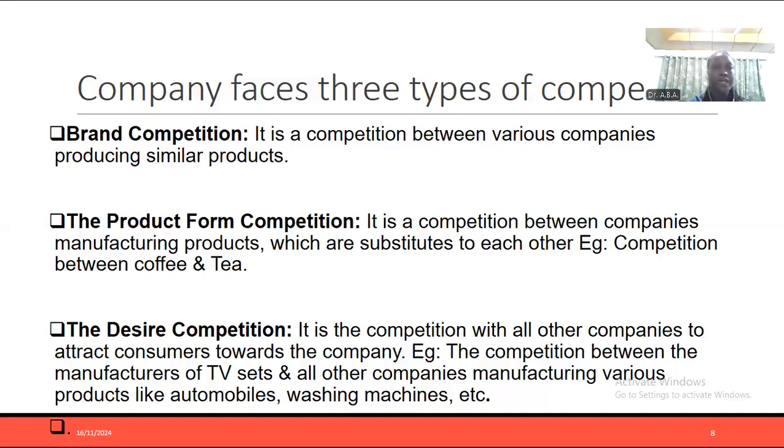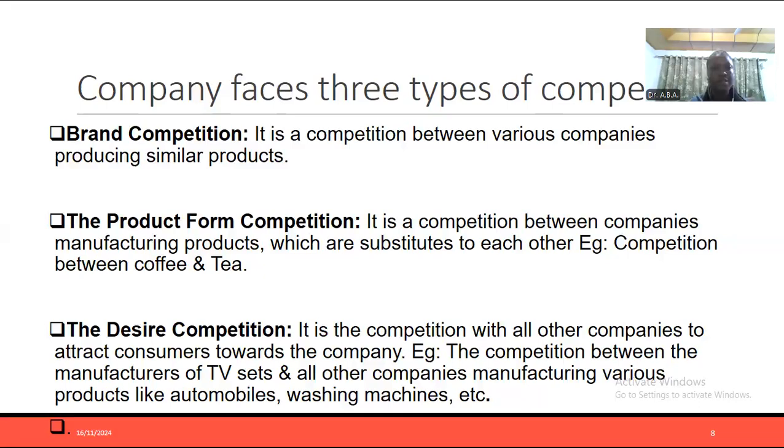Then you have the product form competition. The product form competition is a competition between companies which manufacture products that can be substituted for each other. So if we pick coffee and tea, you notice that one can be substituted for the other.